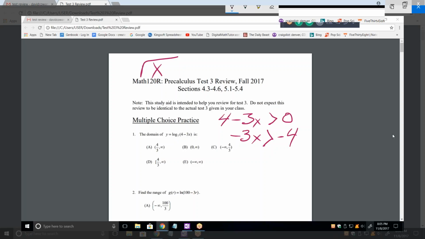Now what's the next step? You divide by -3. And what does that force you to do with the inequality sign? Switch it. Okay, so we get x is less than positive 4/3.